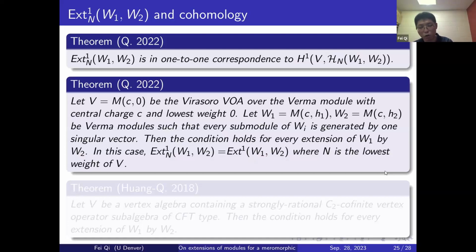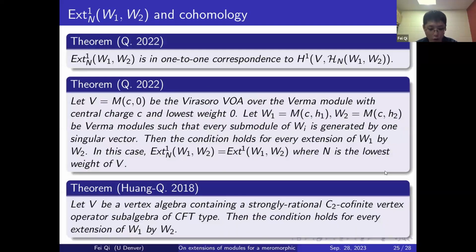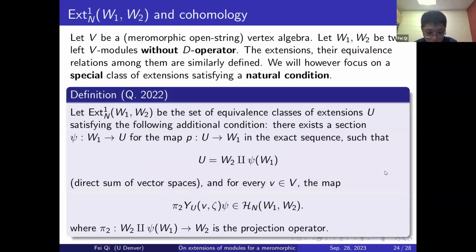The additional condition we demand on the extensions is not a big deal in this case. I think the first observation was by Huang. Huang also figured out that if V contains a strongly rational C2-cofinite vertex operator algebra subalgebra of a certain type, then we could represent such maps.